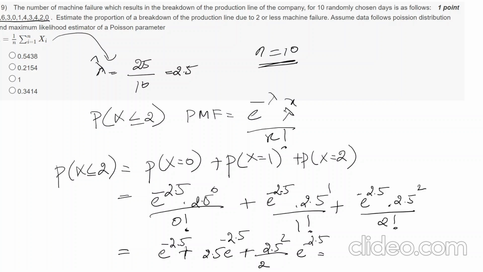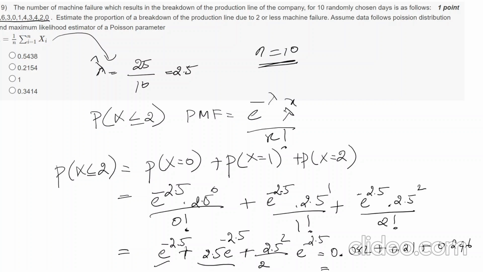If you find the value for these three terms, it is 0.082, plus 0.205, plus 0.257.